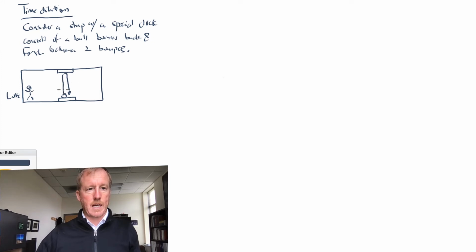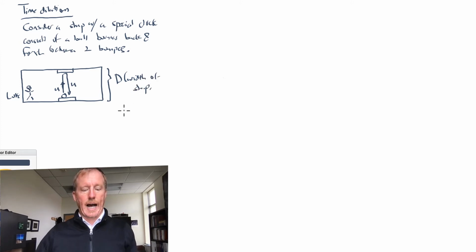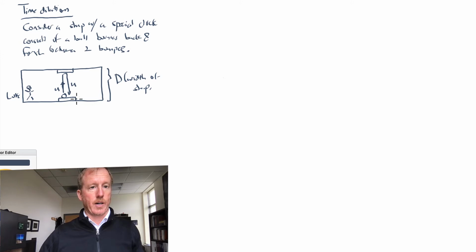And so the speed that the ball is moving up, we'll call that speed u, and the speed it has when moving back down is also a speed u. And if the width of the ship is given by d, that's the width of the ship, then we can determine how much time elapses between each bounce of this ball off of plate 1 on the bottom.